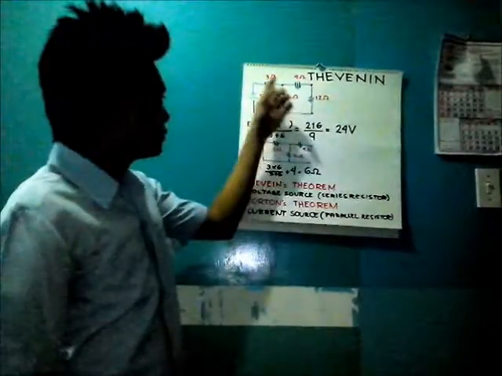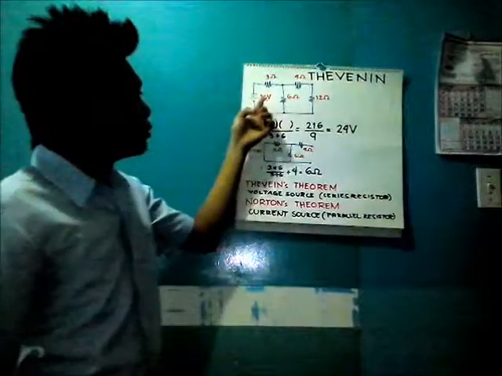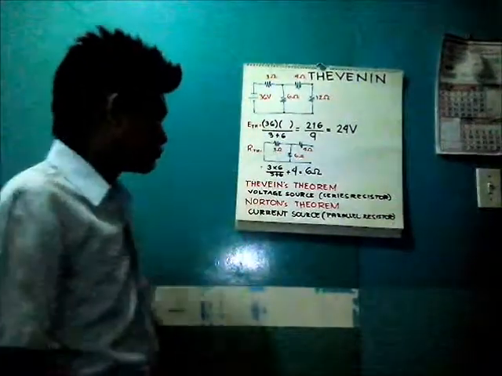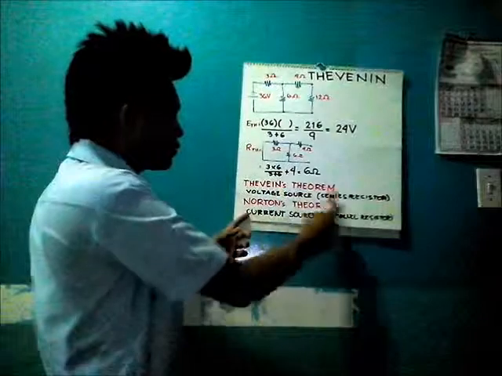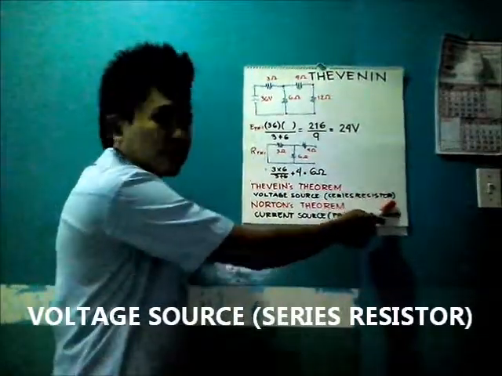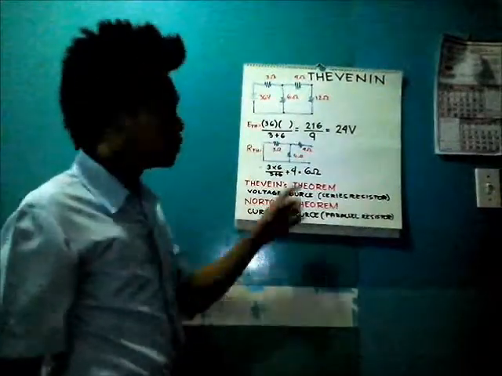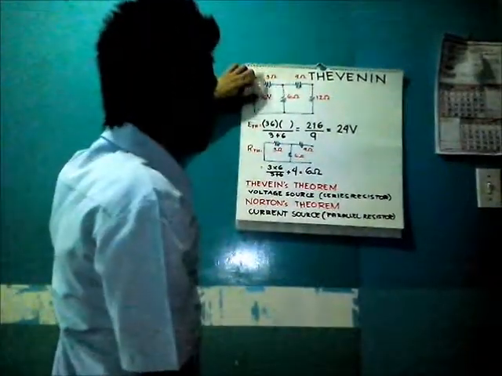Thevenin's. We have 3, 4, 6, and 12 ohms with 36 volts. Thevenin's theorem says that a voltage source has a series resistor. So our voltage source of 36 volts has the series resistor 3.